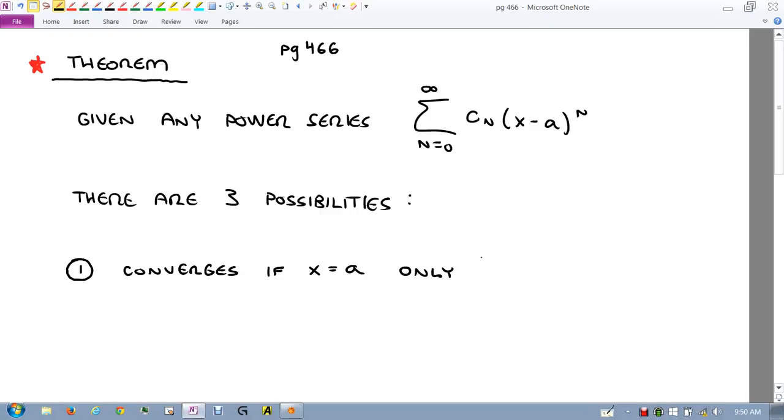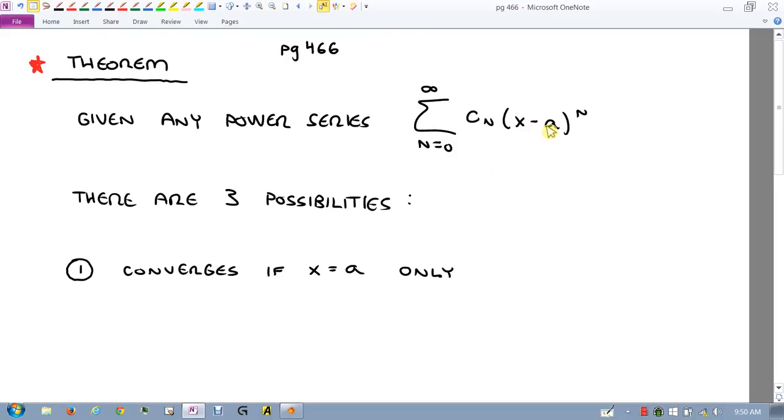Now let's just think about what that's saying. I'm looking at a power series, right? Here it is. All power series have to look like this. This theorem says 3 possible outcomes. One is that it converges if x equals a only. So let's replace x with a.